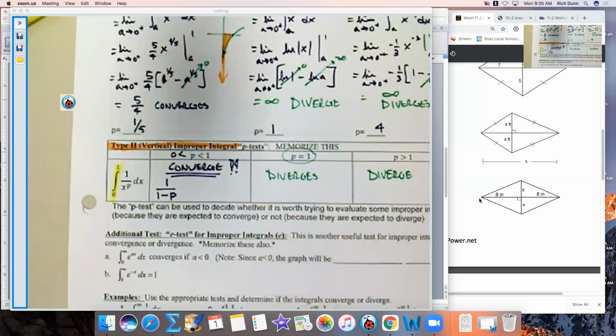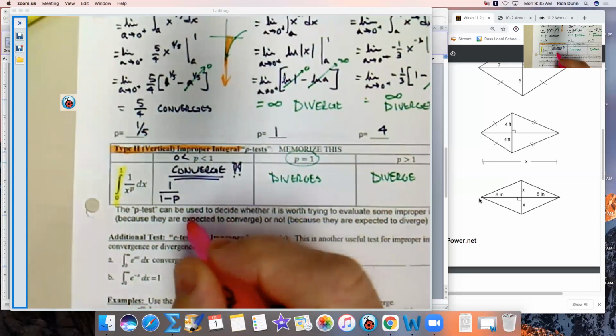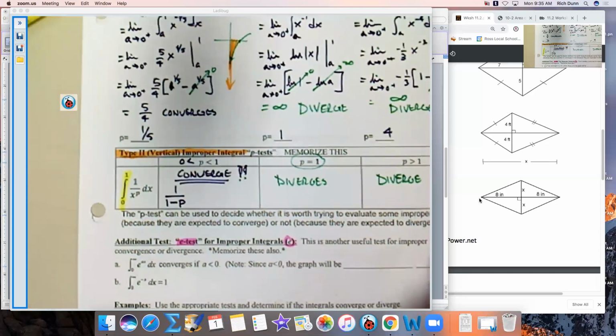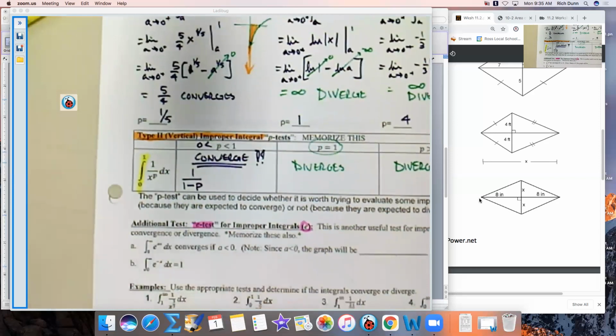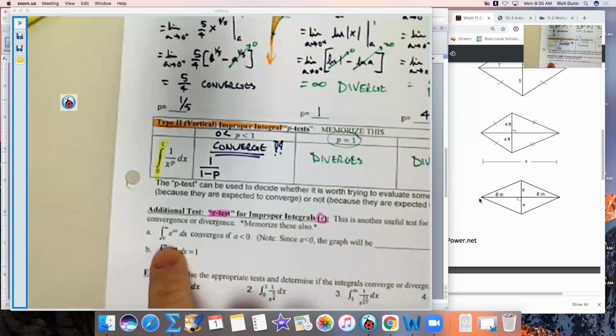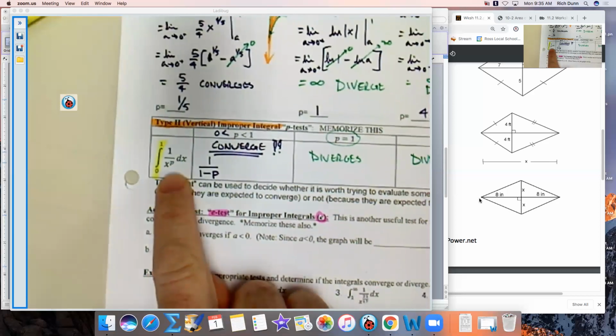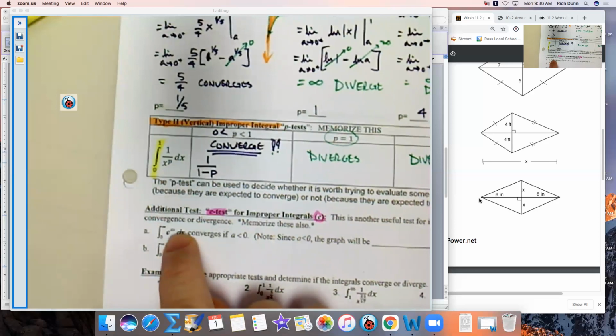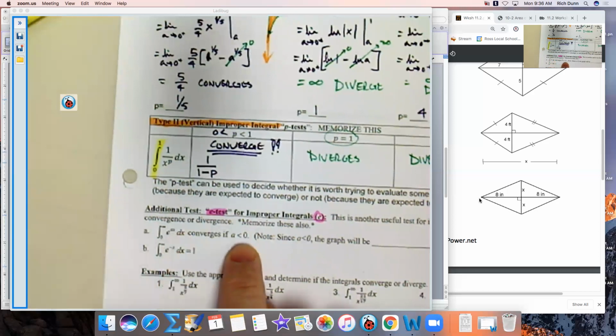Now, a little bit of a variation from this one is our e-test, and it's kind of a special one. The e-test is used whenever we have something that looks like this. It's basically the exponential decay graph. Whenever we evaluate from 0 to infinity, a little bit different than our p-test, and we have this form e to some constant times x, where the a, that constant, is less than 0.